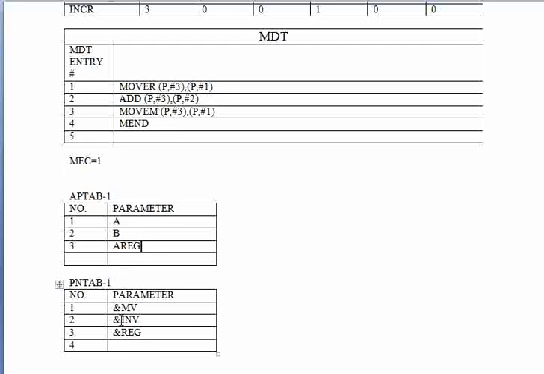Like I mentioned before, for MV we are going to replace it by A because the position is 1. INV will be replaced by B, because it is at position 2, and REG will be replaced by A register, which is at position 3. So the position becomes very, very important.